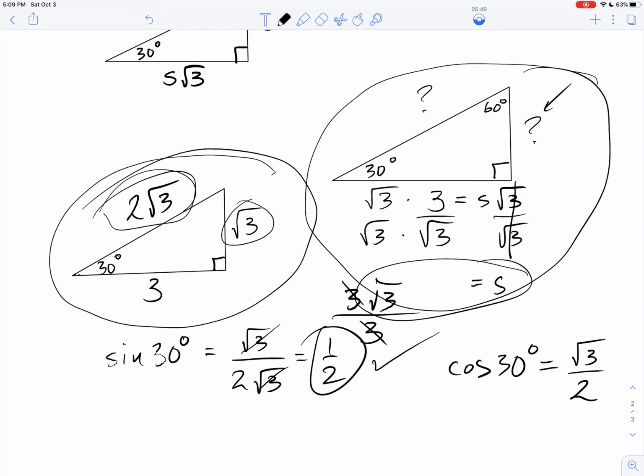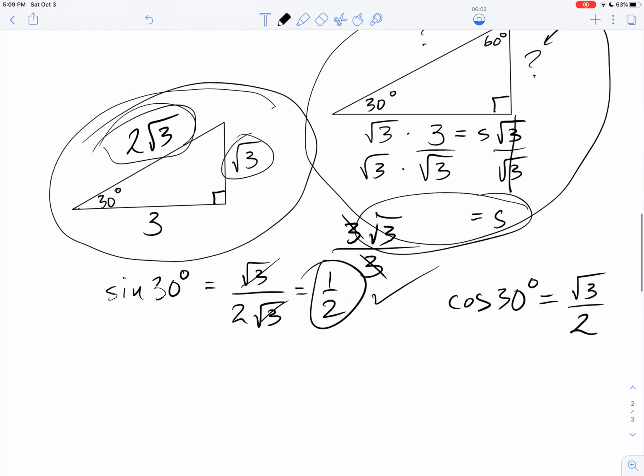Well, you didn't even show the steps. I know I didn't show the steps. I don't have to show the steps. Well, how come you don't? Well, watch. If I did cosine of 30, it would be adjacent over hypotenuse.